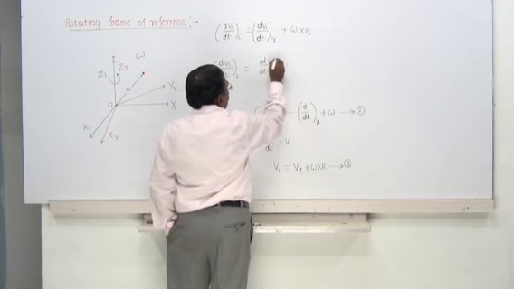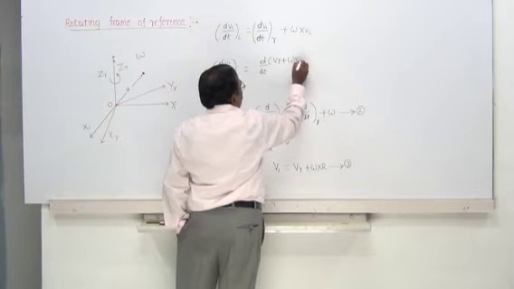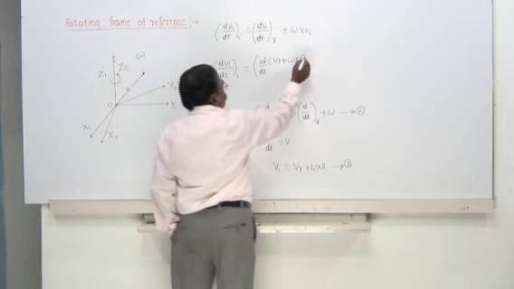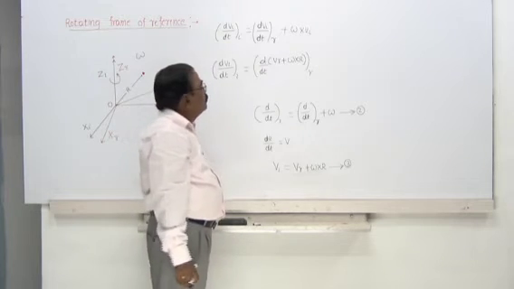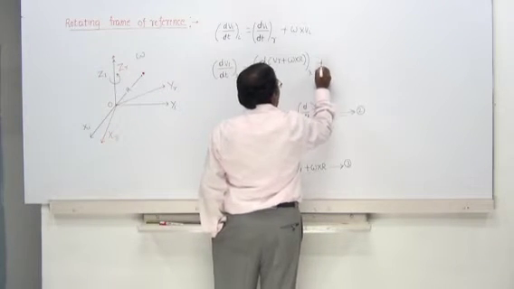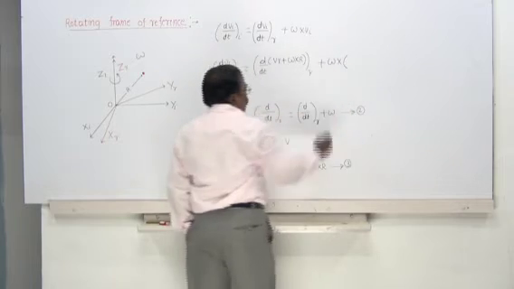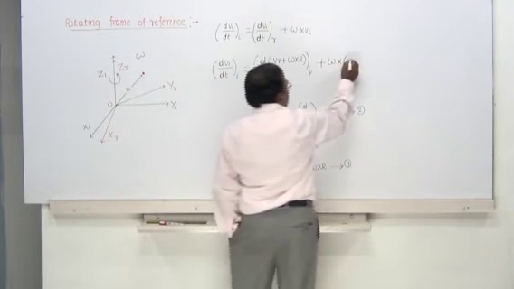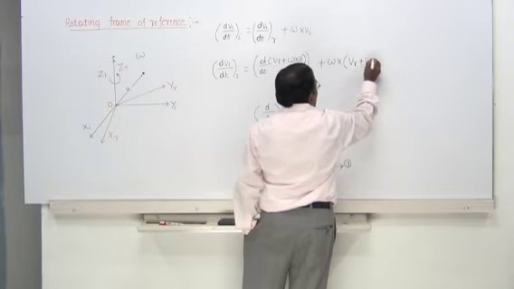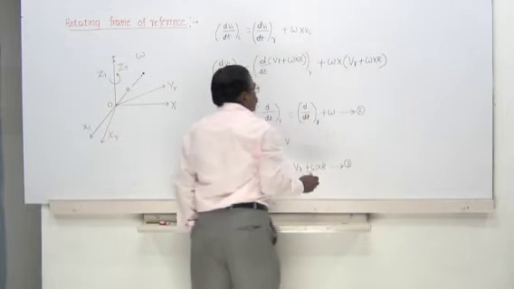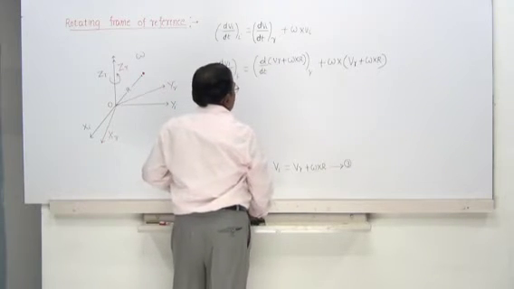Vr plus omega into r, of course with respect to r, the rotating frame of reference, plus omega into Vi, which is Vr plus omega into r. Then you simplify this.